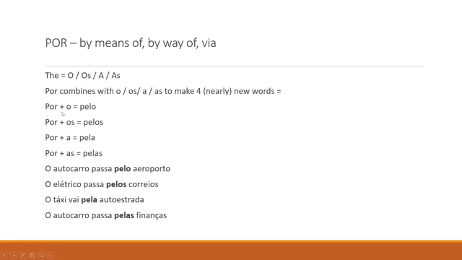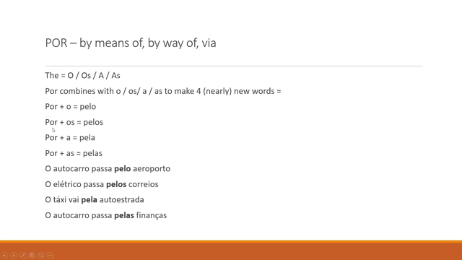Por plus o becomes pelo. Por plus os becomes pelos. Por plus a is pela. And por plus as, pelas. Okay, so they look quite different, don't they?